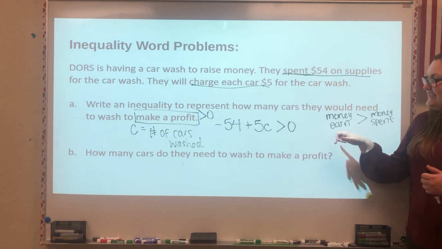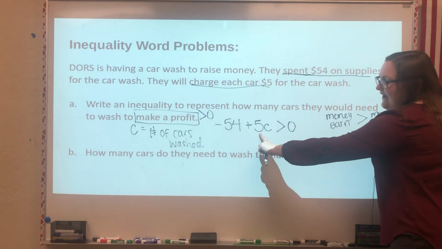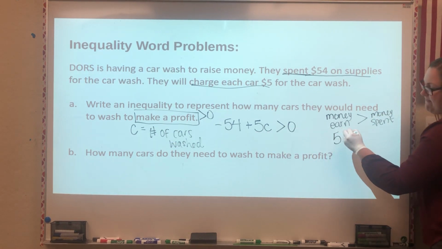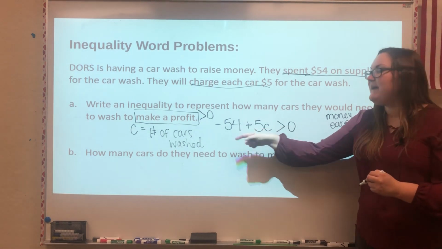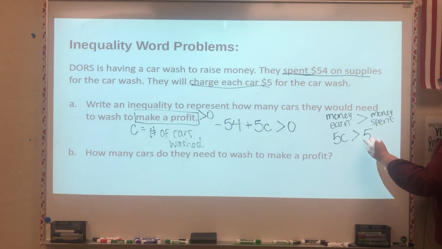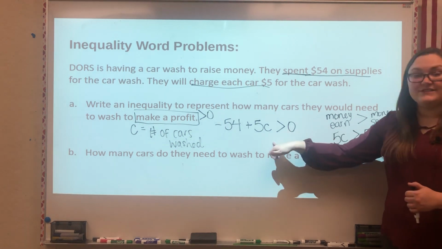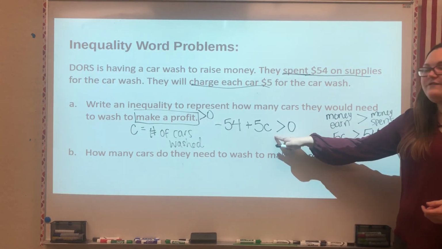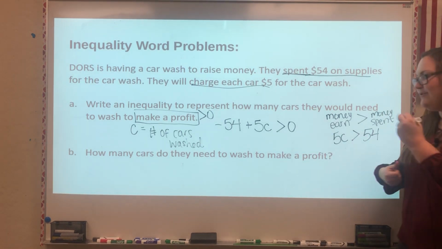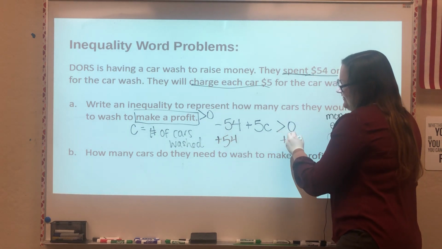If you think of it this way, another inequality you could write is, well, the money we're earning is the $5 for each car. We want that to be greater than the money we spent, and we spent $54. Now this and this look different, but I want you to think, if you went to solve this, what's the first thing you would do? Well, the first thing you would do is add 54 on both sides.